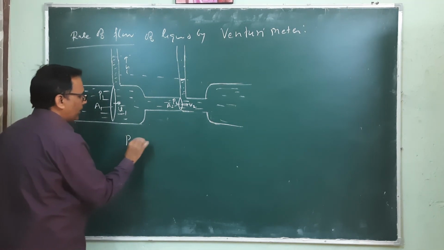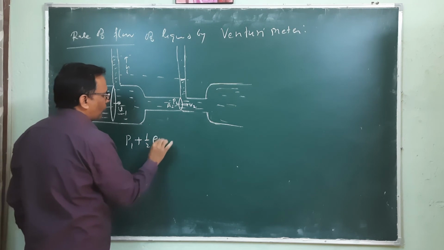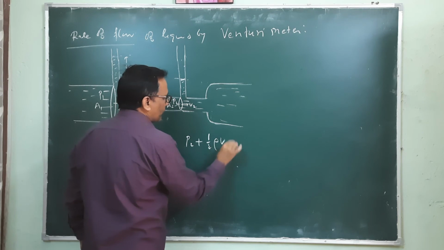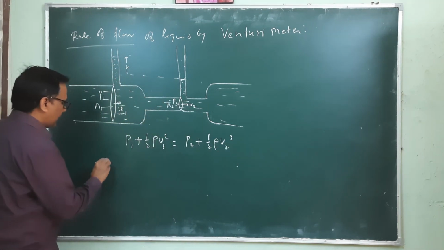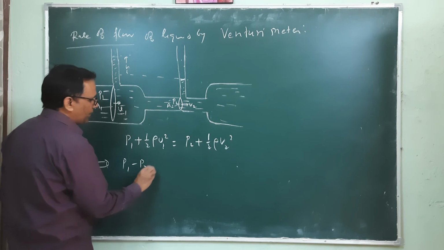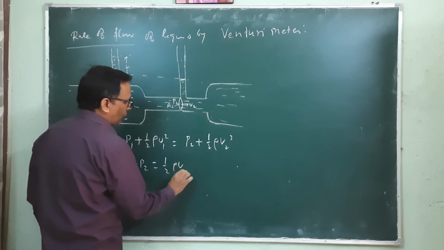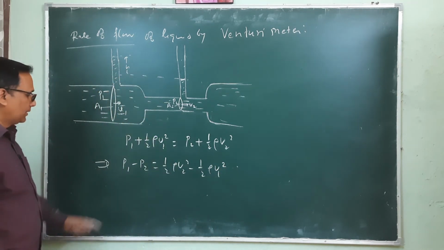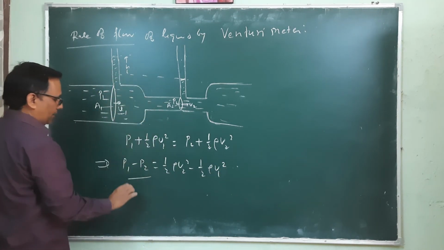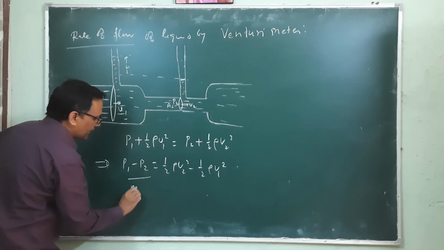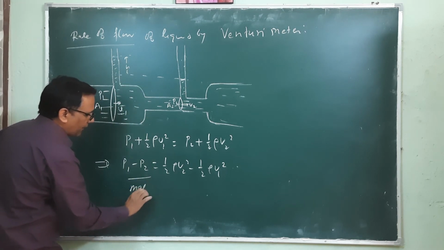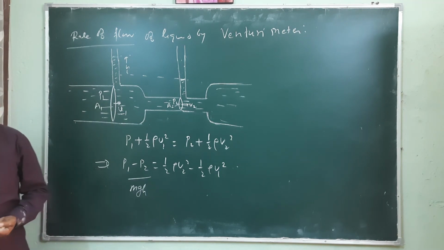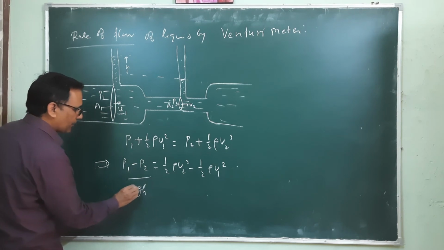Okay, so P1 plus half rho V1 square is equivalent to P2 plus half rho V2 square. So P1 minus P2 is equivalent to half rho V2 square minus half rho V1 square. And this is nothing but just MGH, or one can write it in terms of rho GH.